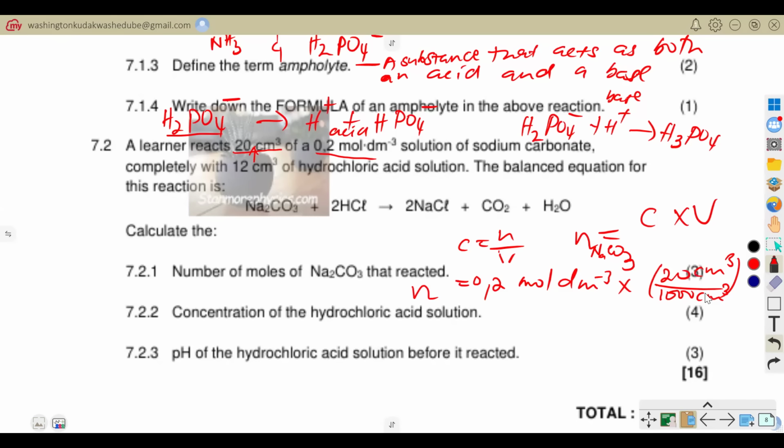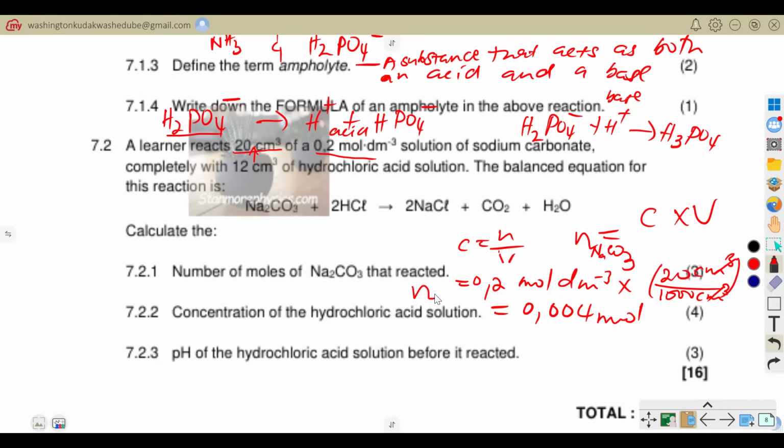These will form a decimeter cubed by cancelling out. And then the number of moles that I'm going to form there is going to be equal to 0.004 moles. That is the number of moles of sodium carbonate.